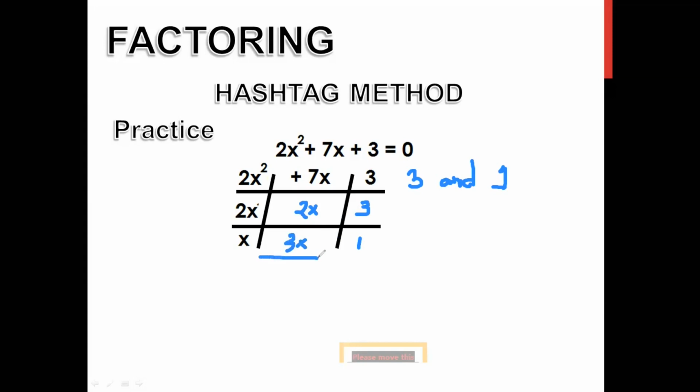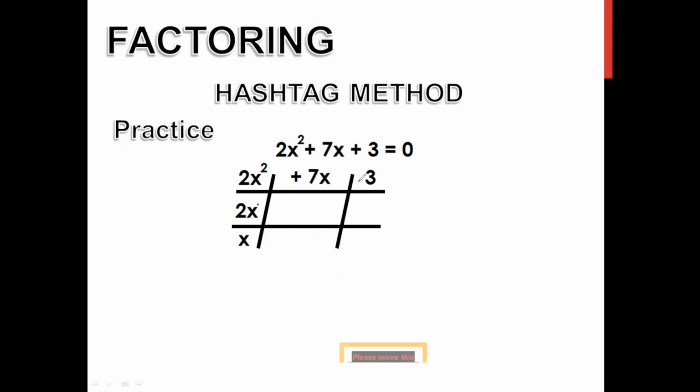So the possible answer of that will be 5x or x, right? For example, if I put negative here and positive here, we can get the positive x. If I put positive here, we can get the 5x. So we don't have any chance to get the answer of 7x here.